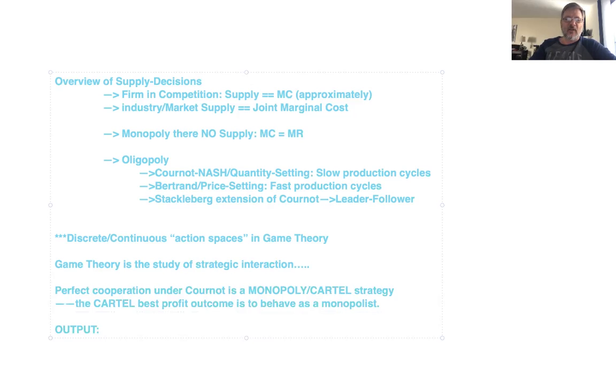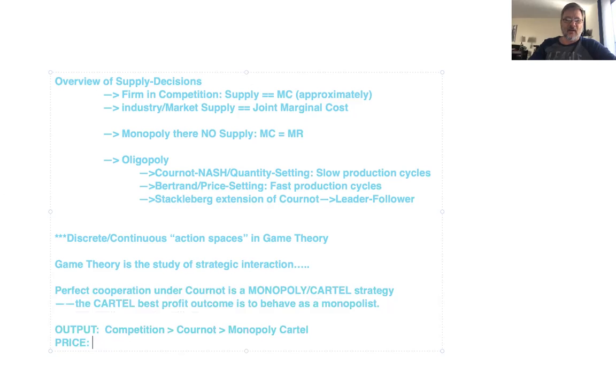And if we were to look there, we would say that the competition for an industry has the highest level of output, and then next is Cournot oligopoly, and then the minimum amount of output is monopoly cartel. And in terms of price, it's the opposite.